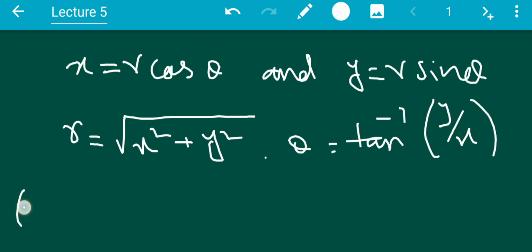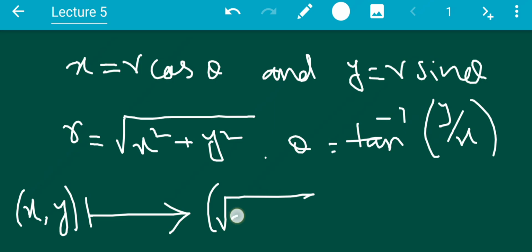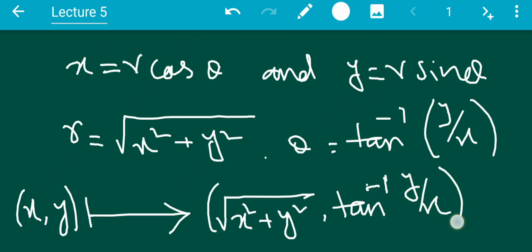So now this (x, y) is transformed to (square root of x square plus y square, tan inverse of y by x). So this is how we can convert the Cartesian coordinate system to the polar coordinate system.